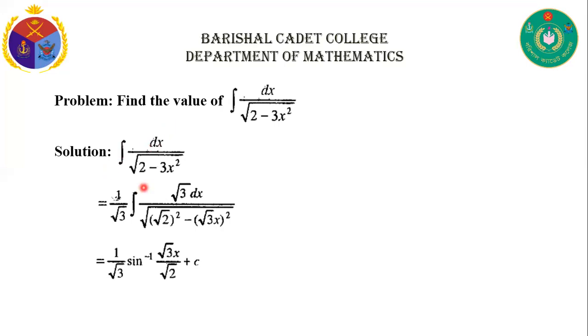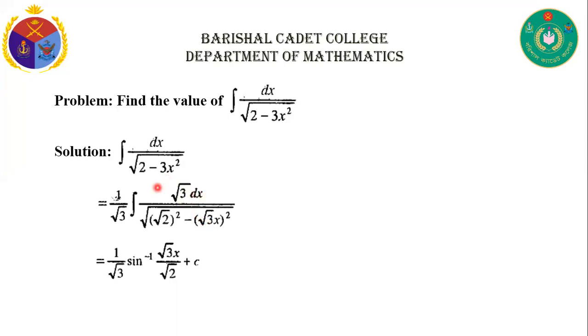So here 2 - 3x squared, you can write as (√2) whole squared minus (√3 x) whole squared, and we choose this as z, then dz will be √3 dx.